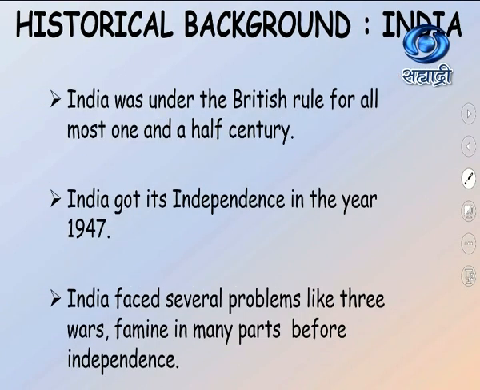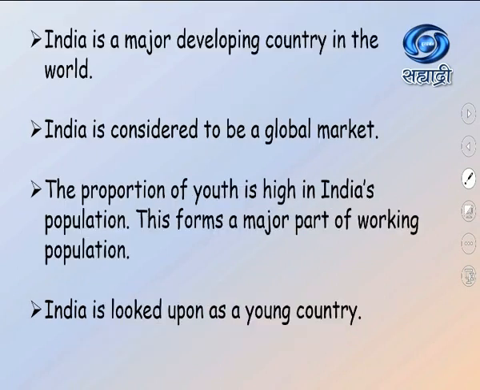India's background is that India was also ruled, but by the British, for almost 1.5 centuries. India got its independence in the year 1947. India faced several problems like three wars and famine in many parts before independence.